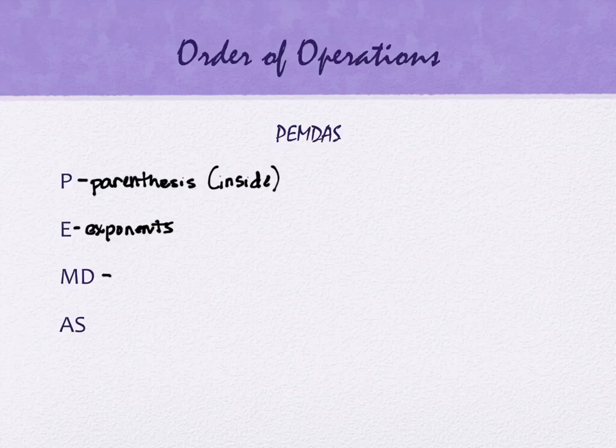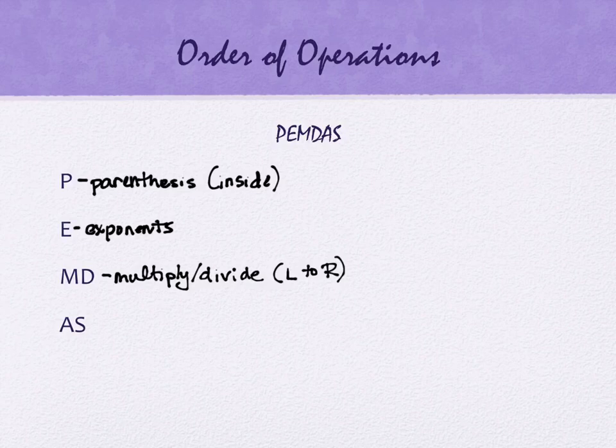Okay, so what does this mean? Well, M is multiply and D is divide. But when we get to the point in a problem where we've eliminated parentheses, cleaned all that up, we've gotten our exponents taken care of, and we're multiplying and dividing, we are multiplying and dividing from left to right. It's all about moving from left to right with either of those operations occurring in whatever order they show up.